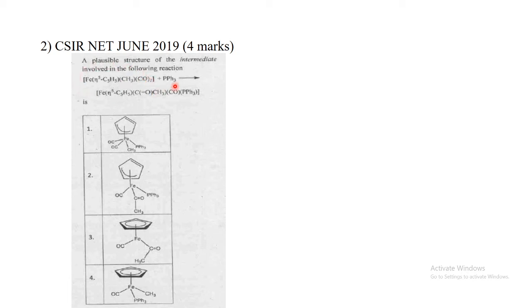Overall this organometallic compound of iron reacts with triphenyl phosphine and gives us this product. In order for the triphenyl phosphine ligand to react with this organometallic compound, it has to proceed through an intermediate. In the question we have been asked to identify the intermediate out of the 4 given options.